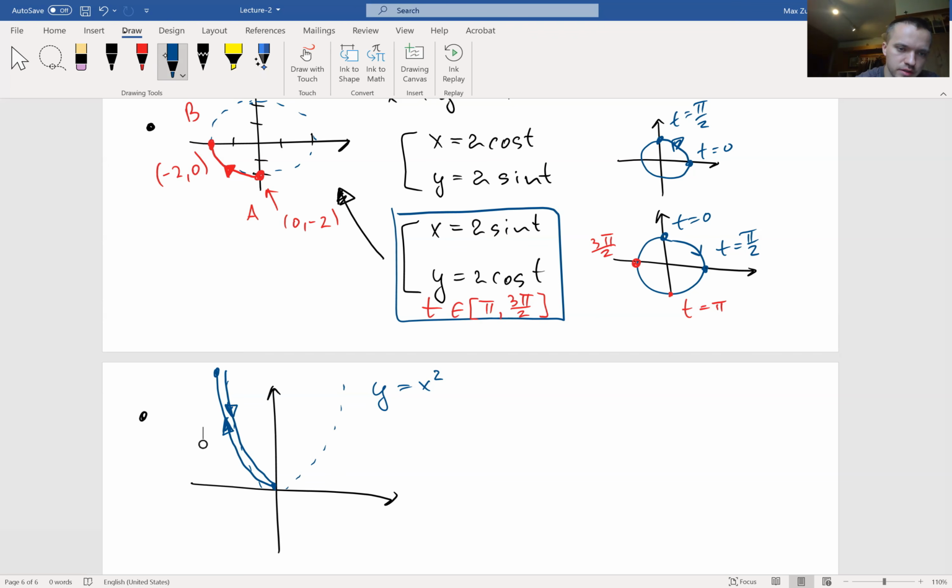Can anyone tell me the description of that parabola? So this is from t negative infinity to 0 and to positive infinity. What is going to be x and y in this case?